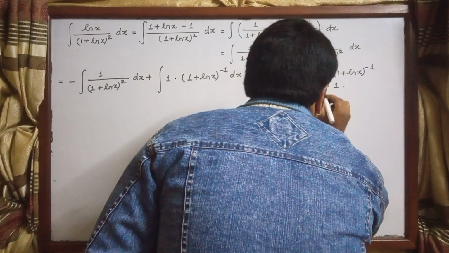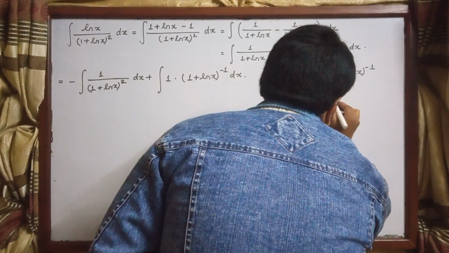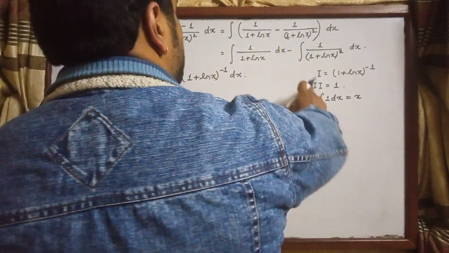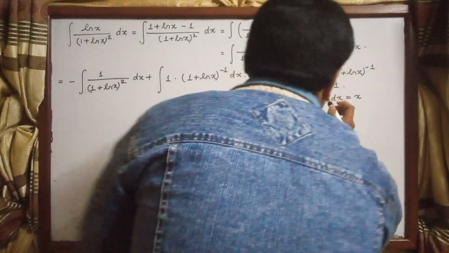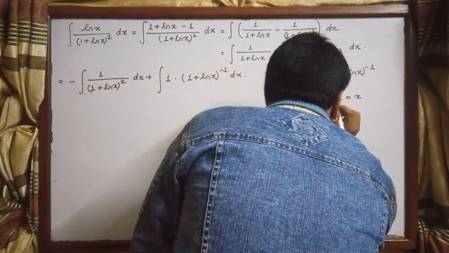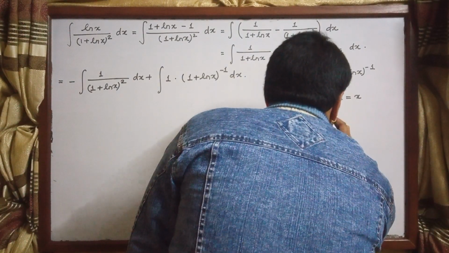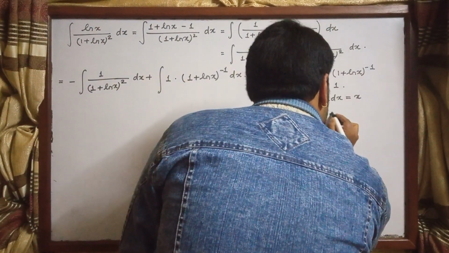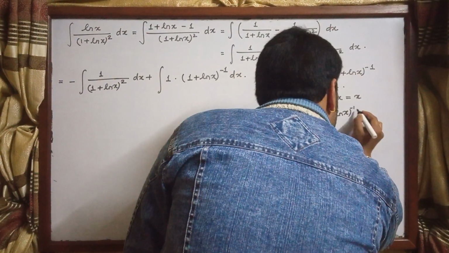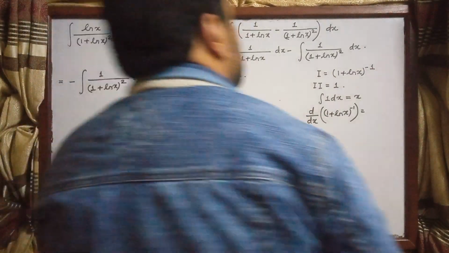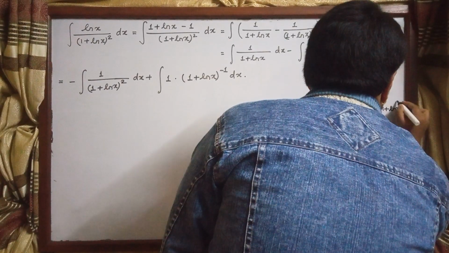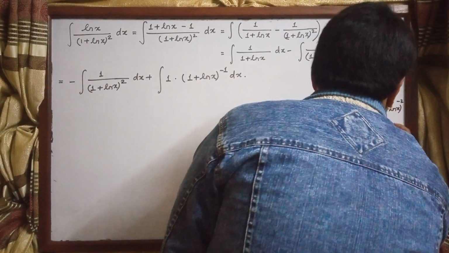So the integration of the second function is simply x without the constant of integration, and we need to find the derivative of the first function, which means we have the derivative of the first function as minus (1 plus log x) raised to the power minus 2 times 1 by x.